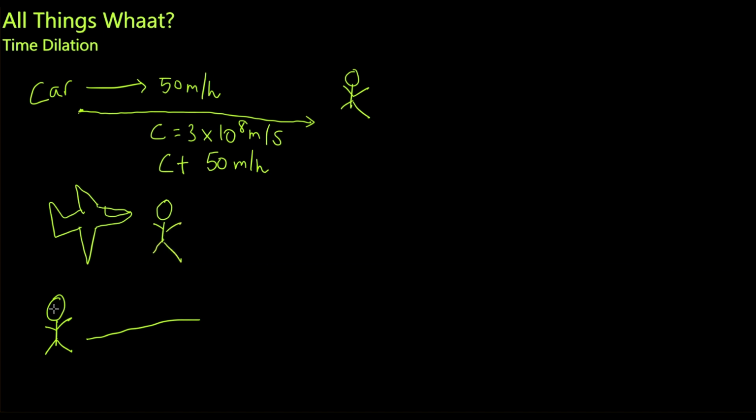Now our person here has superpower vision, so he can see into the plane, and he sees a boy who's playing a game, and that game is basically a very simple game.